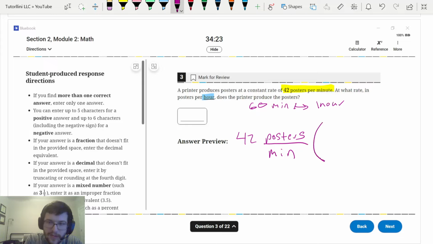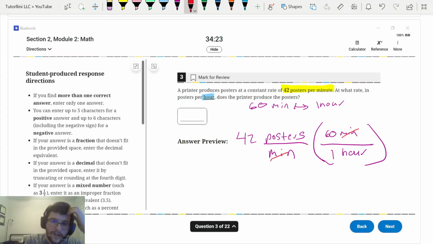Now we set up a parenthesis, and we plug those numbers in such a way that the units cancel. So you see if I do this, the minutes are not on opposite sides of the division sign, so they do not cancel. But if I do this, 60 minutes over 1 hour, you see the minutes are on opposite sides, so that means they cancel. So we're left with posters, division sign, which means per hour, which is what we want.